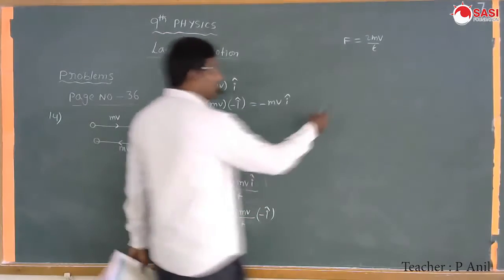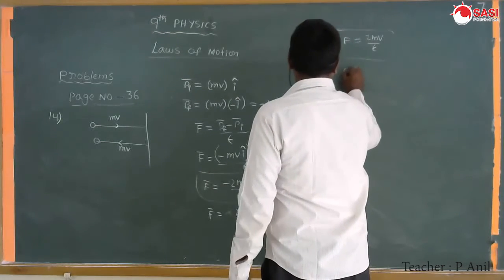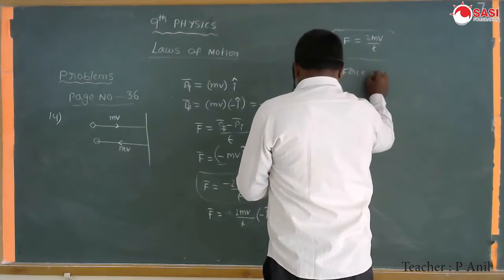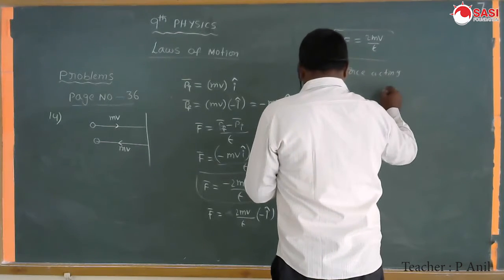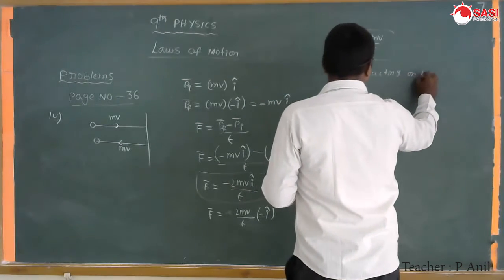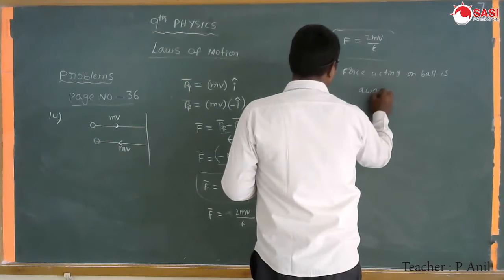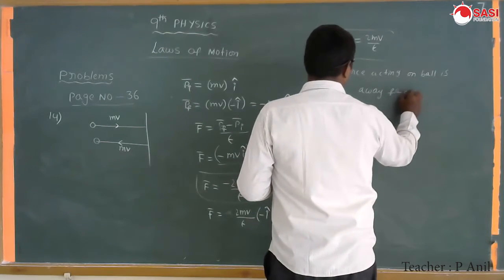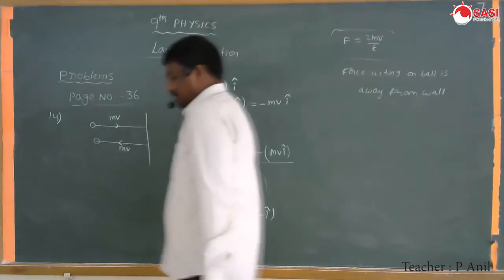Clearly minus i cap indicates the force acting on the ball is away from the wall. The minus sign indicates this one, minus i cap.